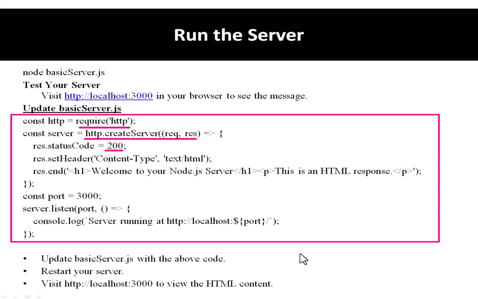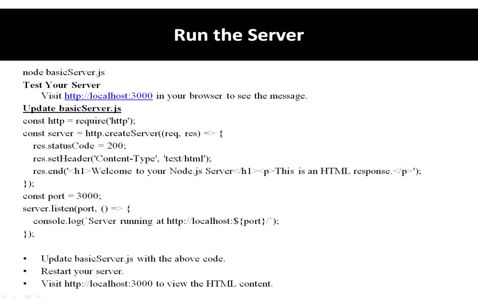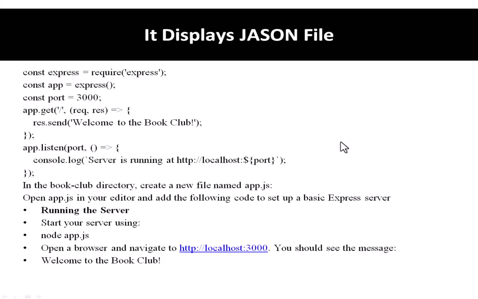Now we have run the program successfully, so we are able to run the same thing using Express, as we have seen: constant app Express, and we have used the same port, and the same message called welcome to book club.